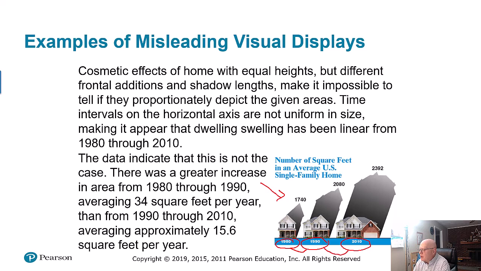That's not the way to do things. Another thing, notice that your eyes look at the area of this house versus that house. And if this actually is represented by the width of the house, the area is going to distort how big this has grown.